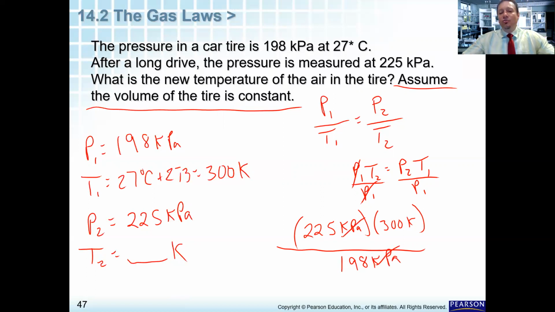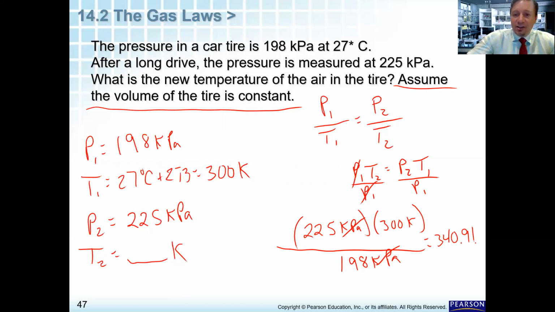Kilopascals cancel, and that leaves me in my Kelvin temperature. So 225 times 300 divided by 198. If I plug that in my calculator, this comes out to 340.91. So now I'm going to have to look at my sig figs.